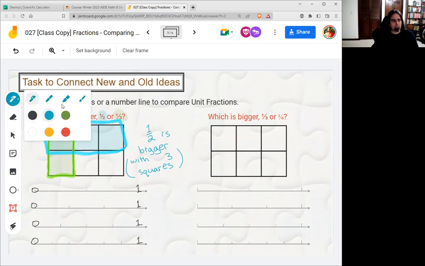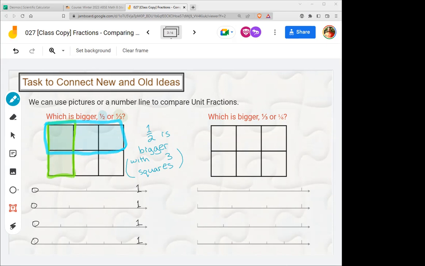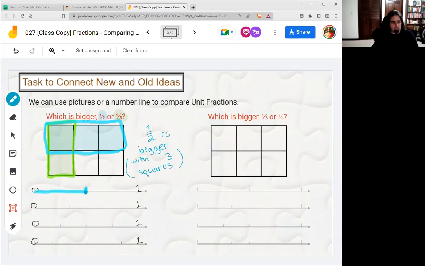Which one is a half? You just go in the middle between. This one goes halfway and then stops, right? So that's half.